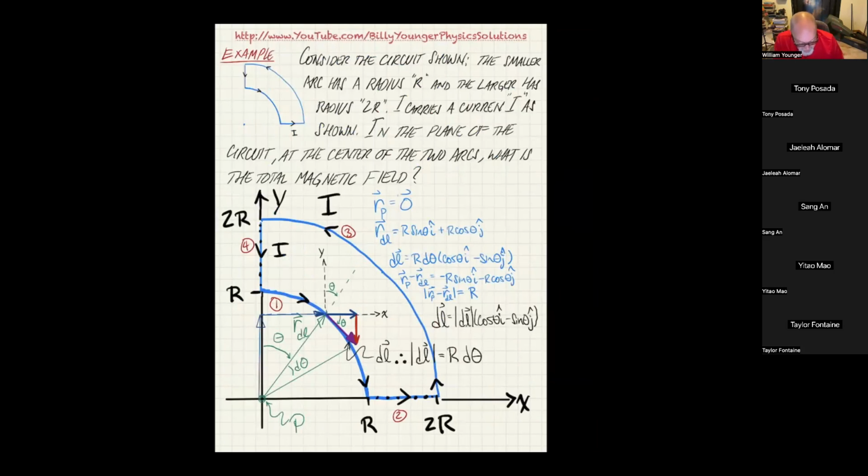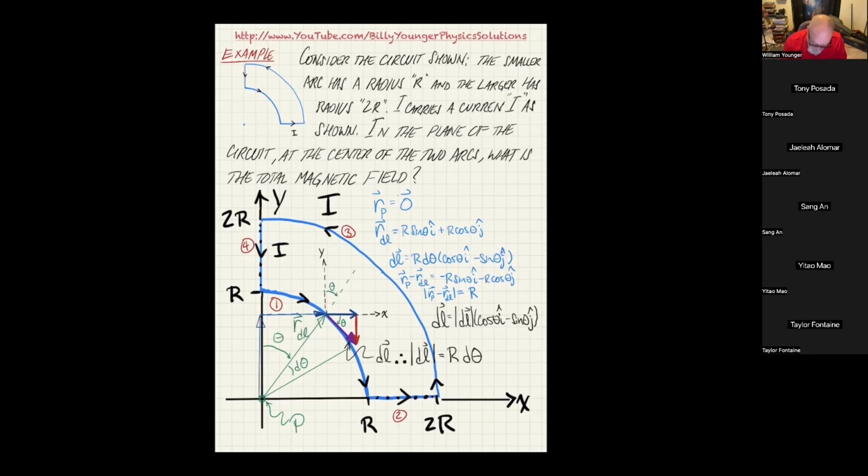I think you can see that part 3 is going to be very much like part 1, except notice the direction RP is still going to be 0. RDL is now going to be twice as long, but the same vector. DL vector is still going to be the same thing, except its length is not R d theta, but rather 2R d theta. And we'll go from there.